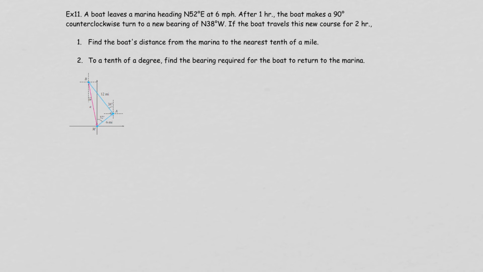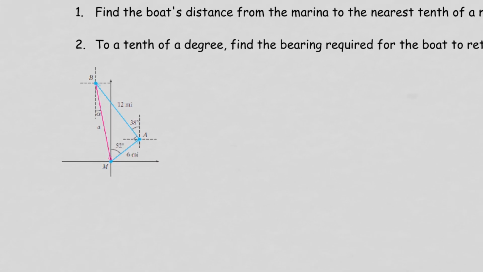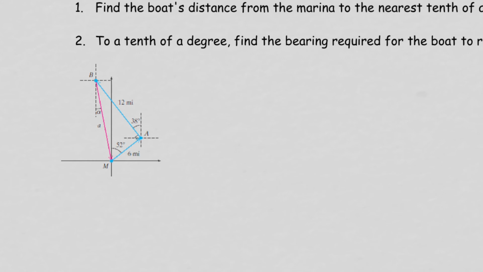And the good thing about this problem is we have the picture given. So the boat is leaving the marina, traveling north 52 degrees east in this direction at 6 miles per hour. After that, it makes a 90 degree turn going north 38 degrees west, right?